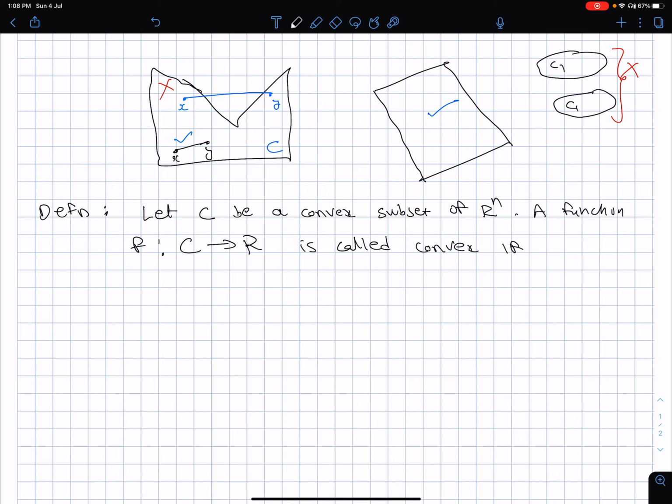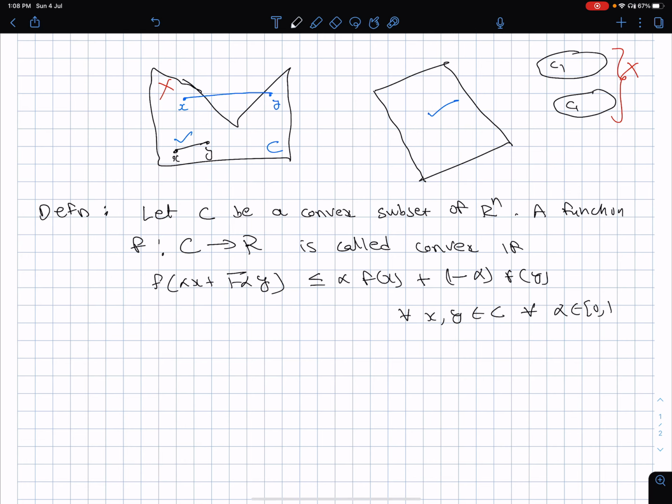if f of alpha x plus 1 minus alpha y, that is, on the line segment joining x and y, where x and y should again come from the convex set, is less than or equal to alpha f of x plus 1 minus alpha f of y for all x, y in C and all alpha in 0 to 1.